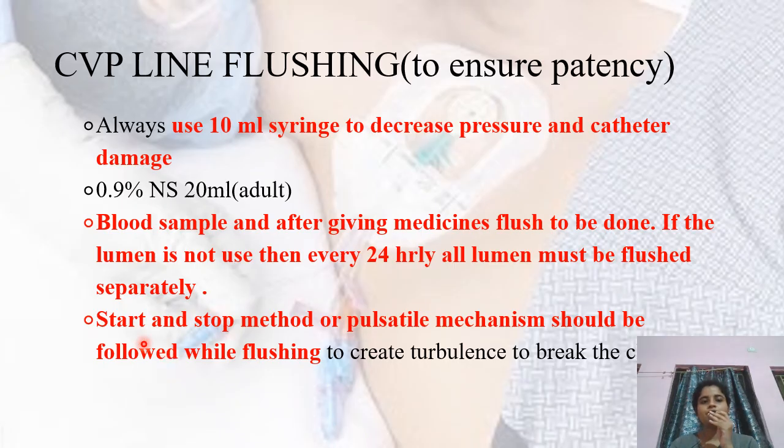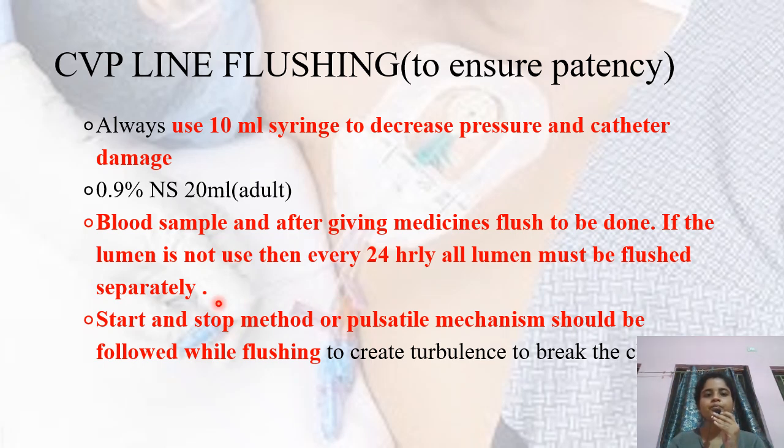While flushing, you should use the start and stop method or pulsatile mechanism, so that any clots or blood in the line can move through the line and enter the blood circulation, so that no blood is present in the line, otherwise there are chances of infection.